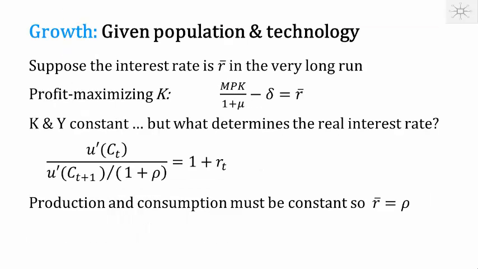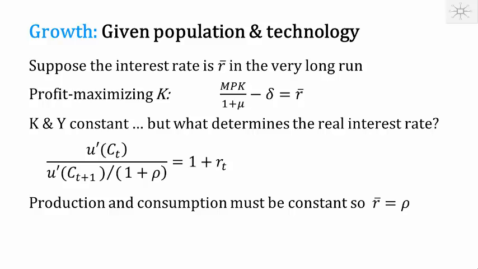So we start with a given population and technology, and we simply start by guessing that there will be some kind of long-run equilibrium where there is a real interest rate R bar. Later we can figure out what that interest rate will be.